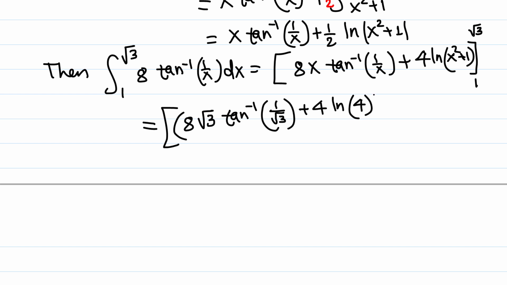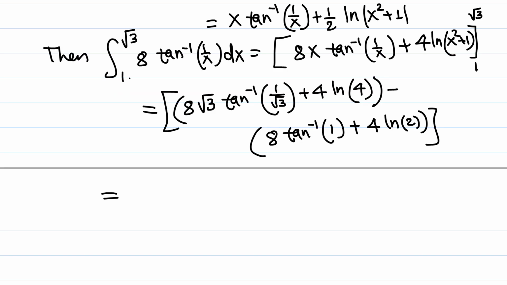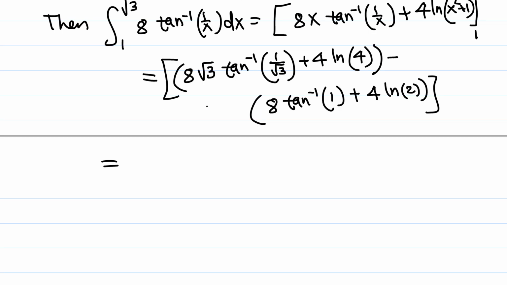That is the upper limit, minus, let's plug in 1. So 8 times 1 is just 8, tangent inverse of 1 over 1 is just 1, plus 4 natural log of 1 squared, 1 plus 1, 2. That's using the lower limit 1. Okay, I could have left 8 outside all the way and multiplied at the end, but it's okay.